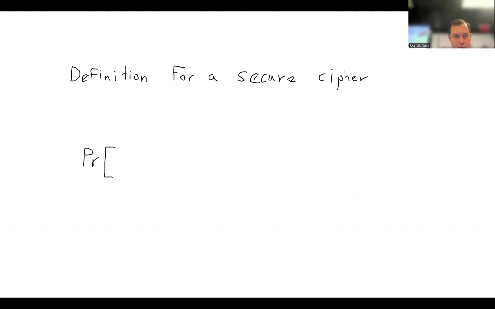You know this notation already: E(K, M0) = C, and then this is equal to the probability, PR, of the following.